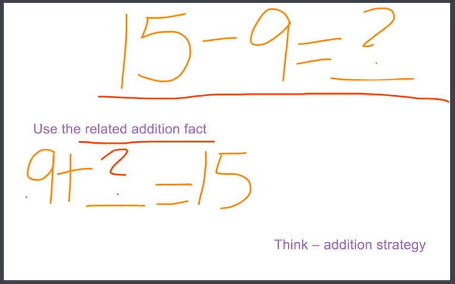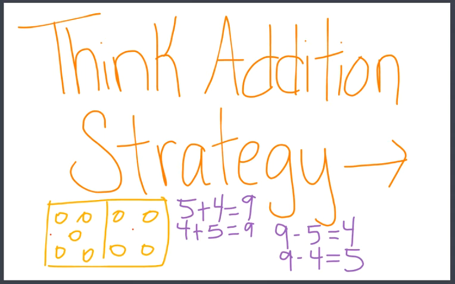I need to add 6, because I know that 9 plus 6 equals 15. I can use my think addition strategy because it's a way to solve the subtraction fact by thinking of it as an addition fact. And I can think about it with my related facts.